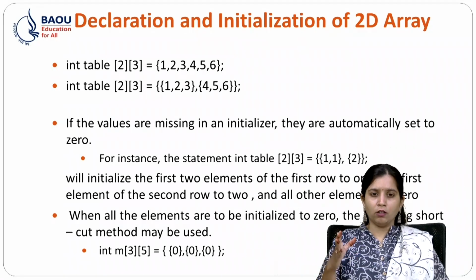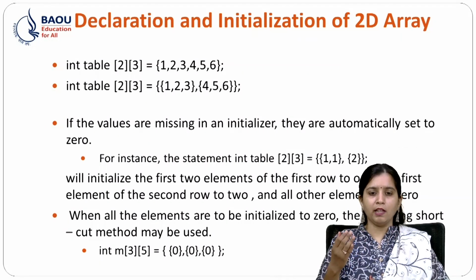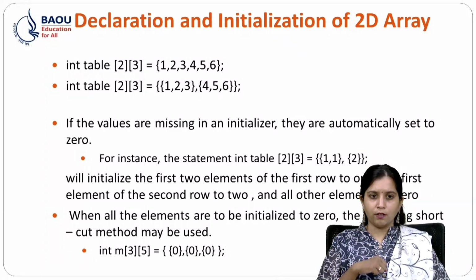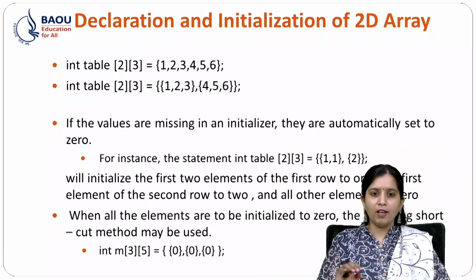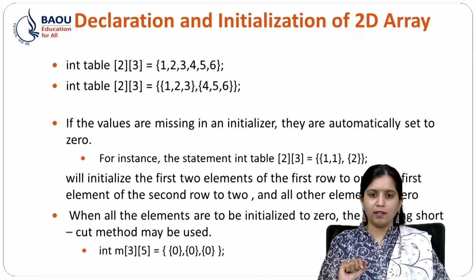After that, the compiler will automatically initialize 0 if values are missing in our initialization. So if the values are missing in an initializer, they are automatically set to 0.